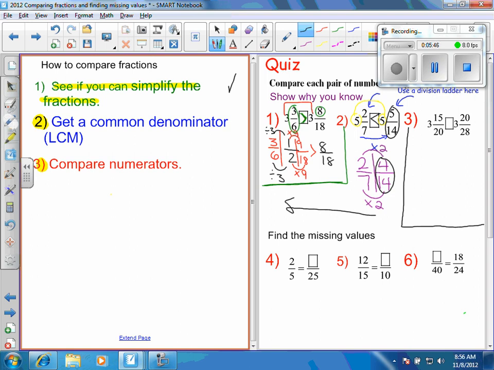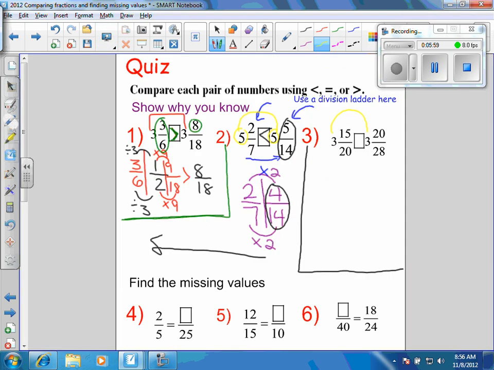Okay, I got 3 and 3/4. So first of all, we want to check to make sure the wholes are equal. Are 3 equal to 3, right? Yeah. So we only need to think about simplifying the fractions then. So I'm going to take my 15/20 and I'm going to divide by a common factor.